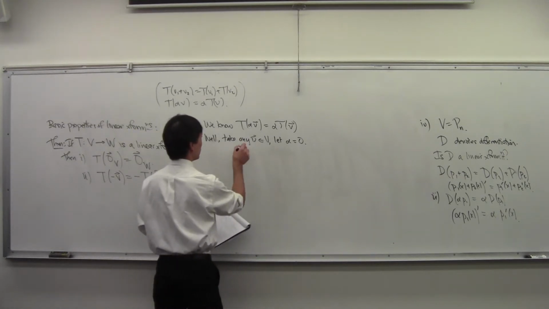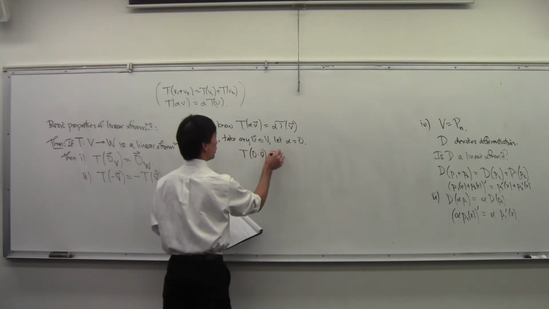That tells us that T of 0 times V equals 0 times T of V.